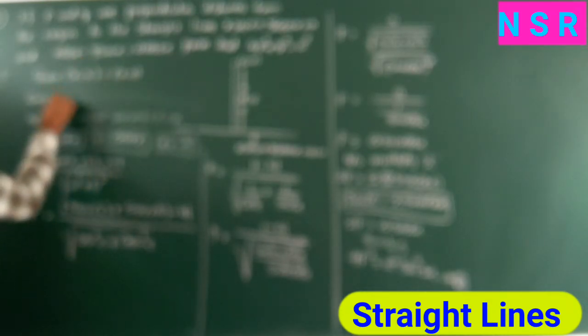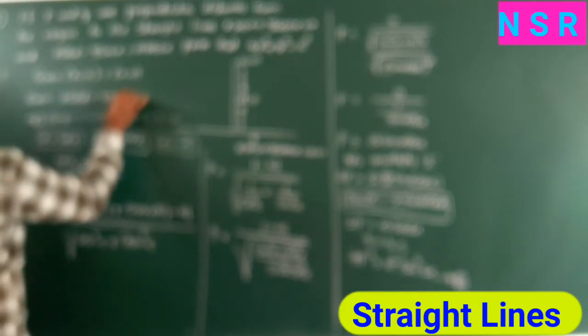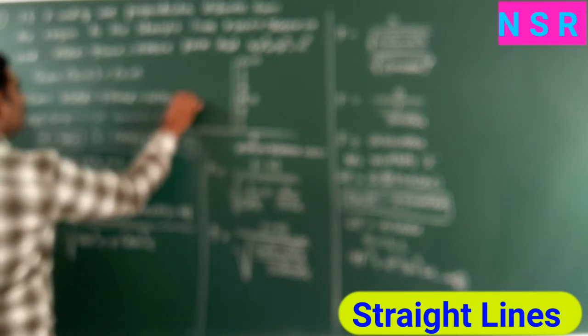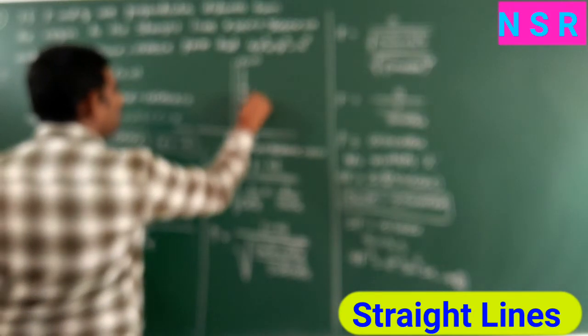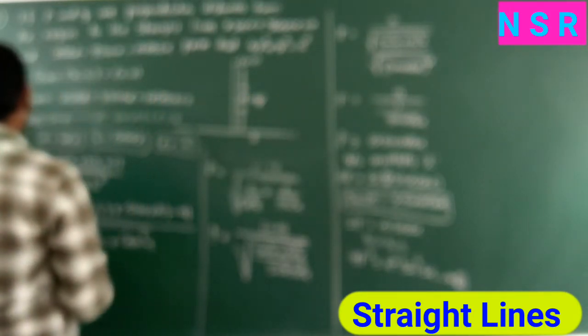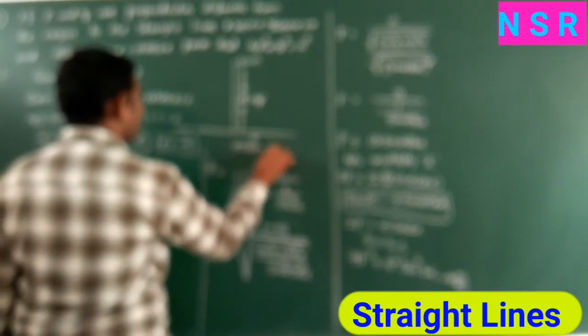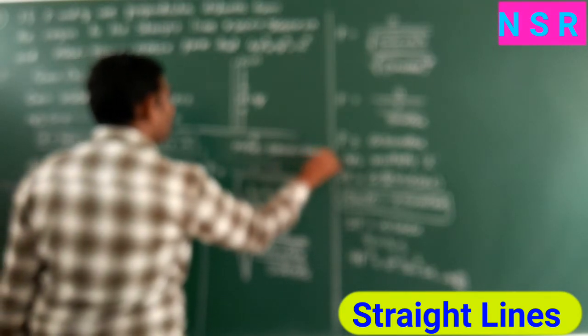What is the second line? x cos alpha minus y sin alpha, and a cos 2 alpha moves to this side, minus a cos 2 alpha equal to 0. So here the perpendicular distance is q and the line is x cos alpha minus y sin alpha minus a cos 2 alpha equal to 0.